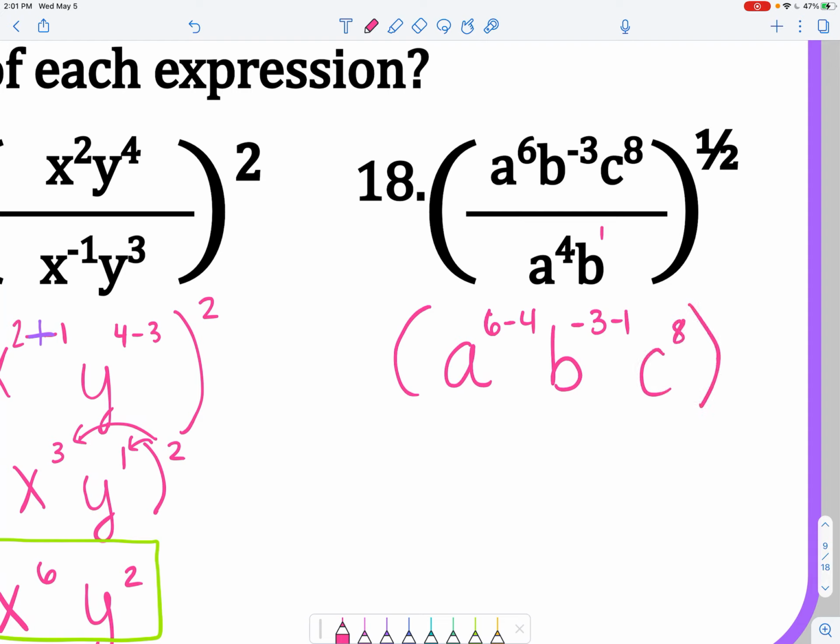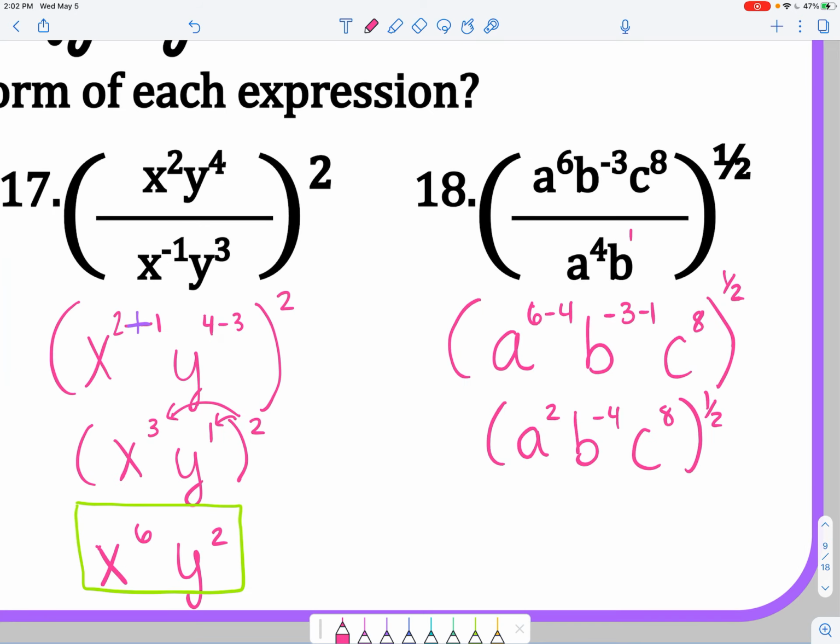C to the power of 8 is already in the numerator, so I can just bring that down in my work. And this is all still in parentheses, being raised to the power 1/2. I'm going to simplify my exponents a little bit. I'm going to get positive 2, negative 4, and then I just bring that c to the power 8 down for the ride. All being raised to the power 1/2.